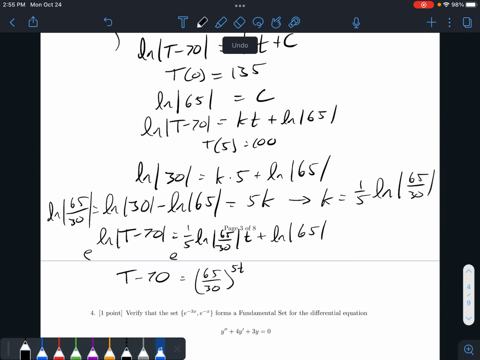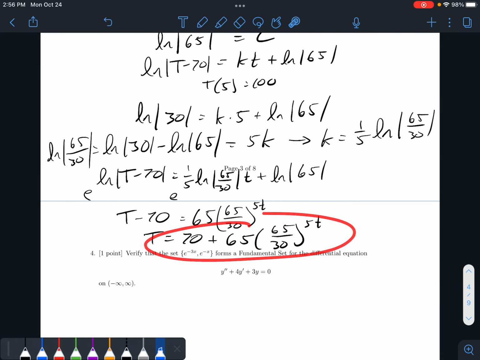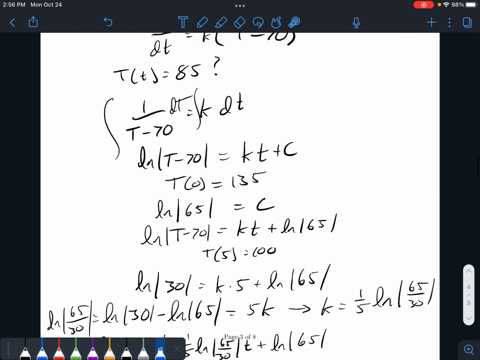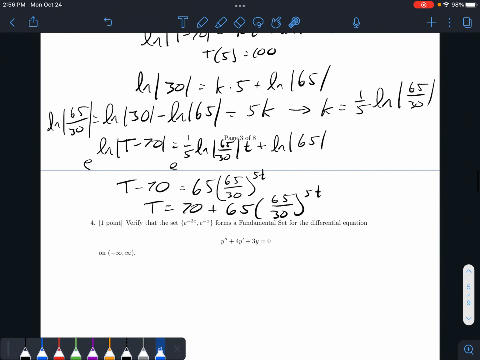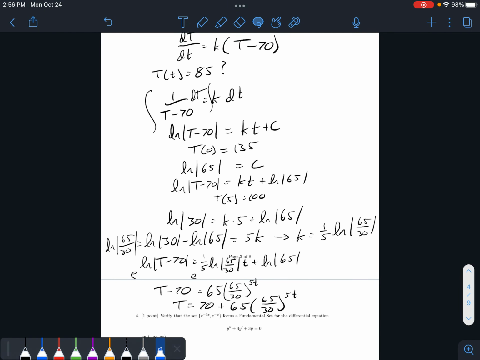I'm sort of doing log rules in my head. Then times 65. So then T is equal to 70 plus 65 times the ratio to the power of 5t. Anyway, sorry, I'm skipping steps right here for the algebraic parts, but the setup and understanding all the differential equation stuff, that's the main stuff that you need to be aware of.